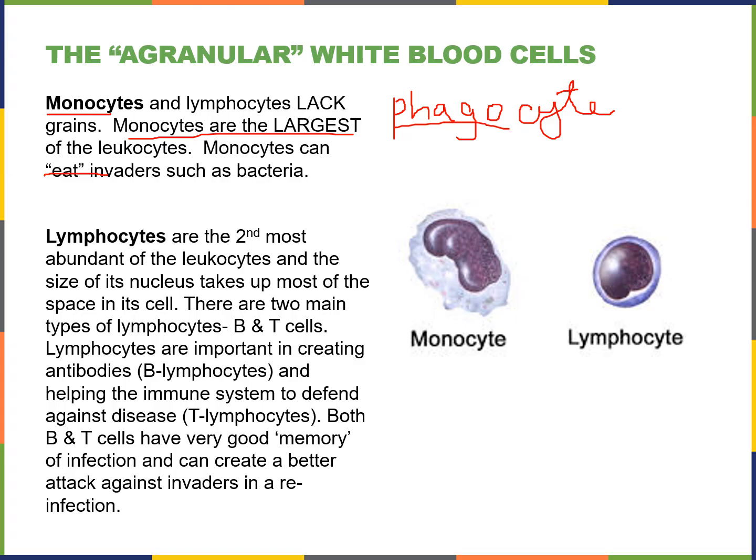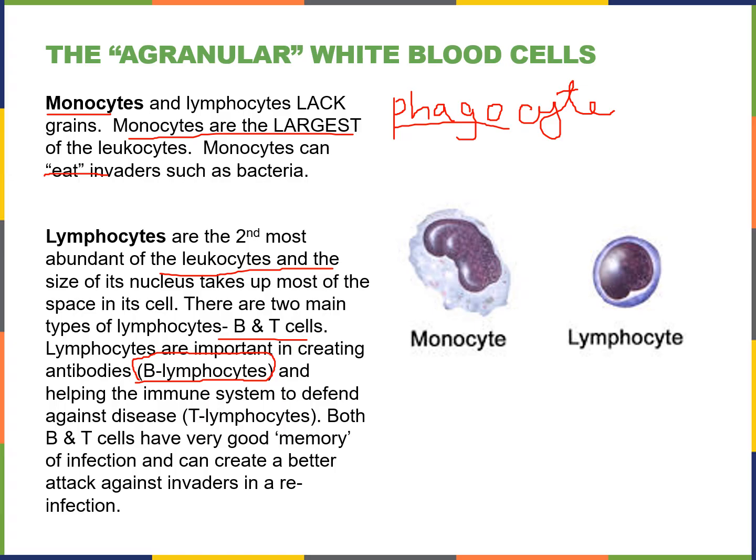Lymphocytes are the second most abundant of the leukocytes, and the nucleus takes up most of the space in the cell. There are two main types, B and T cells. Lymphocytes are important in creating antibodies. Let me just clarify, it is only B lymphocytes that make antibodies for us. No other cell, no other lymphocyte, okay?